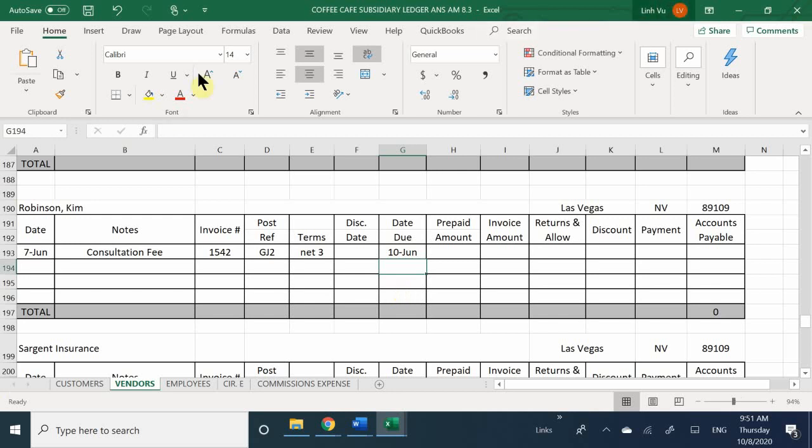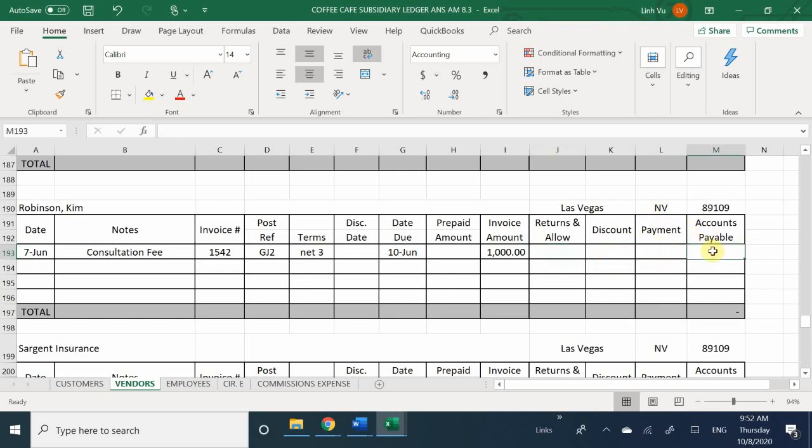Okay? So do we have a prepaid account for this? No, we didn't. But we do have the full invoice amount, which is going to be for the $1,000. Okay? And also, we know we didn't have any returns or allowances or discounts, and we obviously did not pay yet.